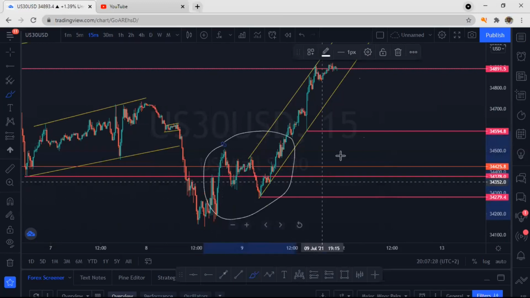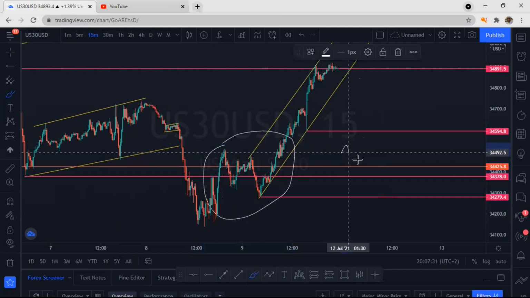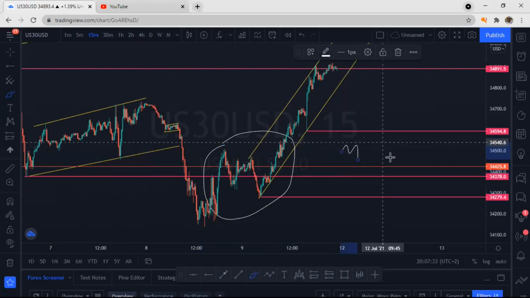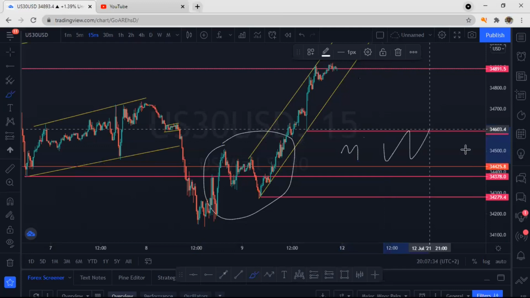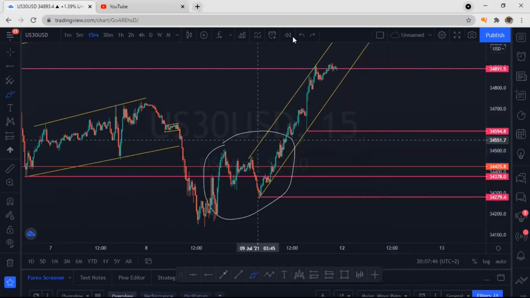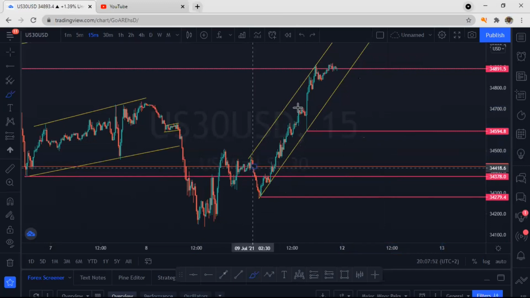What did I say about M format and W format? These are reversal patterns. You must put that in your mind. We'll get here when we analyze, because we're still analyzing the charts, we're still getting into impulse and correction.